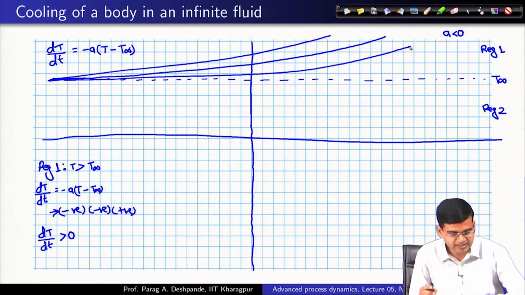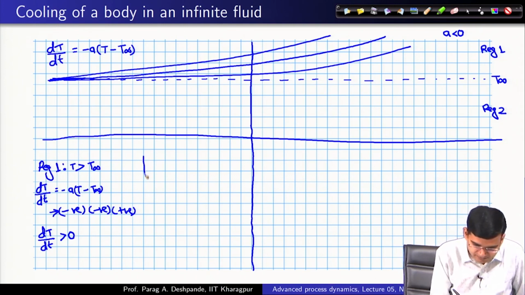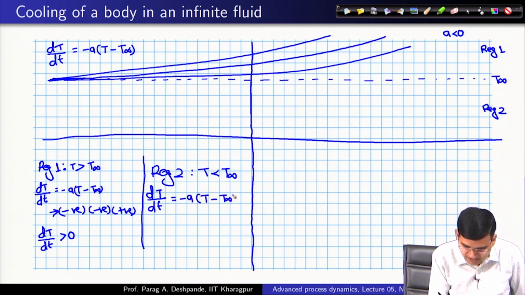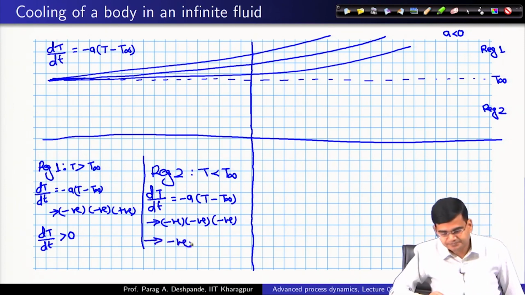Okay. Fine. And now for region two, which means t is less than T infinity, my dT by dt is equal to minus a times (T minus T infinity), which means that the negative sign is always negative, a in my case is negative, and T minus T infinity is also negative, which means overall the slope has to be negative.